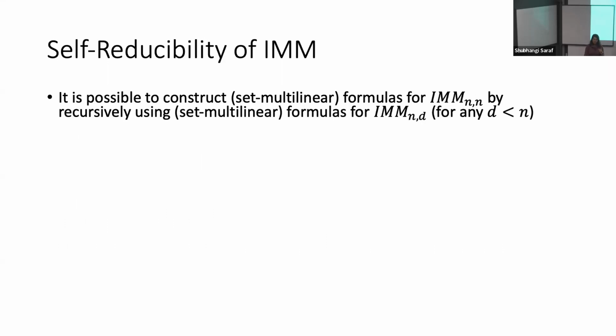Okay, fine. IMM has a very interesting property, which is that IMM is self-reducible. To compute the IMM product of n matrices, you can do it recursively by using algorithms for computing IMM for the product of d matrices, where d is smaller than n.